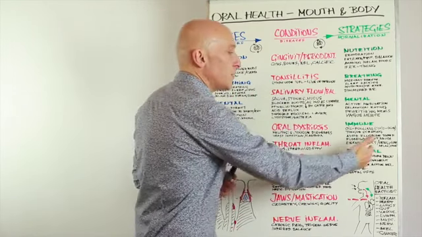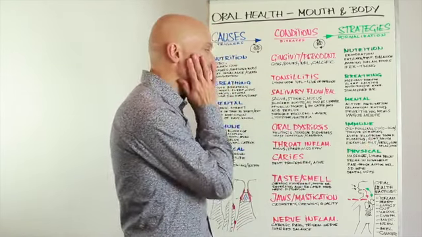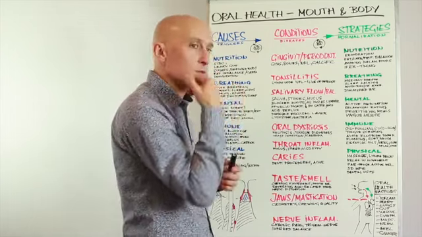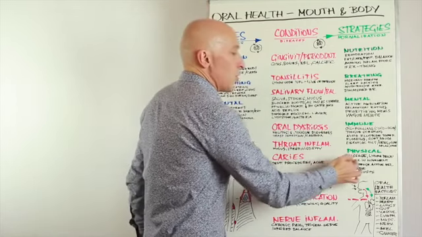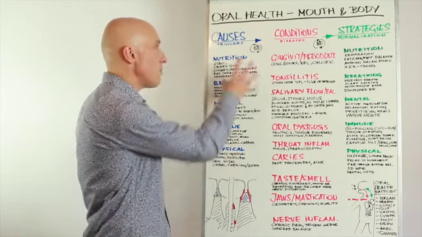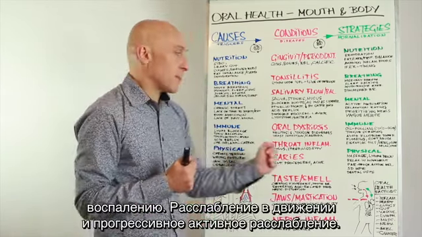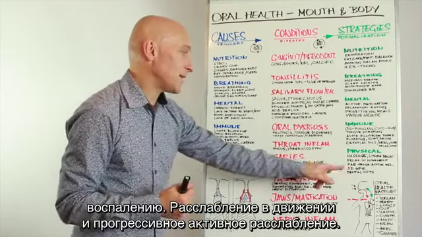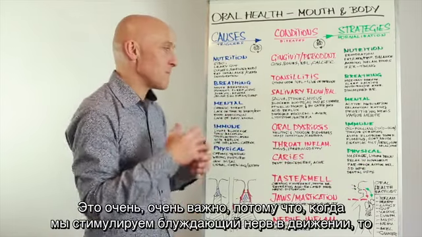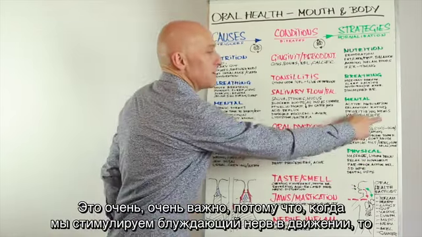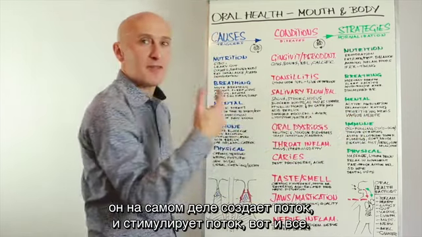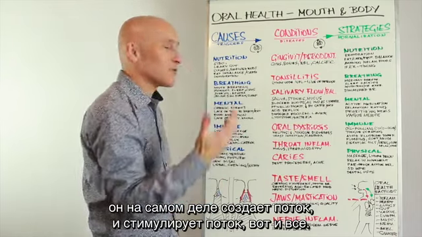That also promotes lymph drain, both very light lymph drain massage and this movement. We learn relaxation in movement, because remember, chronic tension promotes inflammation. Relaxation in movement and progressive active relaxation are very crucial, because when we are stimulating the vagus nerve in movement, it actually creates flow.